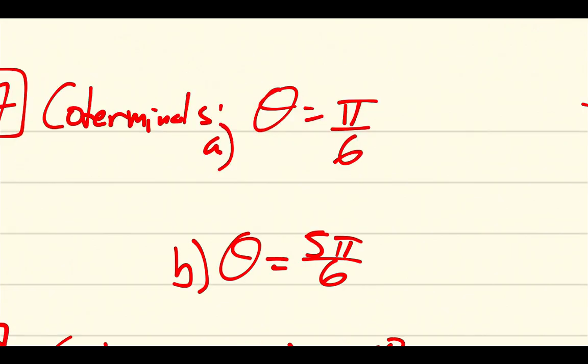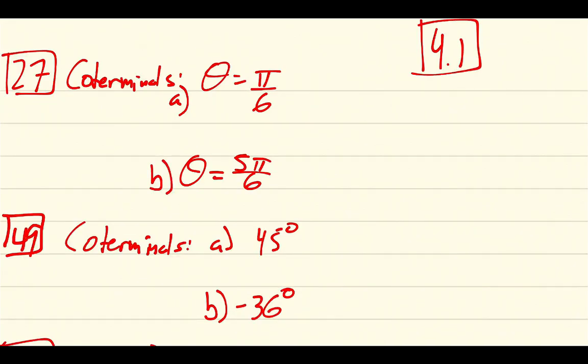For the first one on 27, coterminal of pi over 6. In general, for coterminal angles, we're going to add and subtract 2 pi. So I'm going to start by adding 2 pi. If we have pi over 6 plus 2 pi, I'm going to convert the 2 pi to 12 pi over 6. That way we can add them together and we get 13 pi over 6.